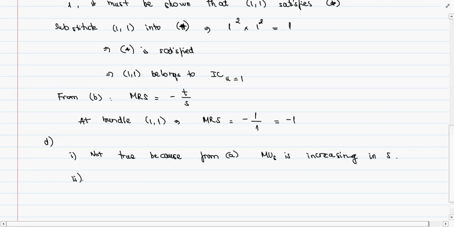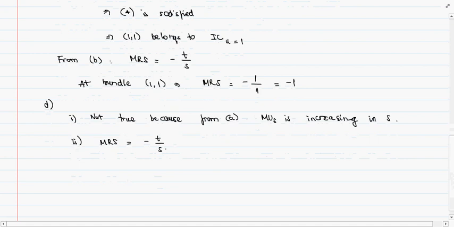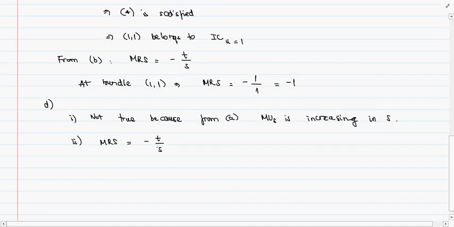Now statement 2: the marginal rate of substitution is always decreasing for the utility functions that represent well-behaved preferences. Our marginal rate of substitution in this case is -t on s. Is it increasing or decreasing in s? As you can see, s is in the denominator, so whenever s is increasing, the marginal rate of substitution is going to be decreasing.